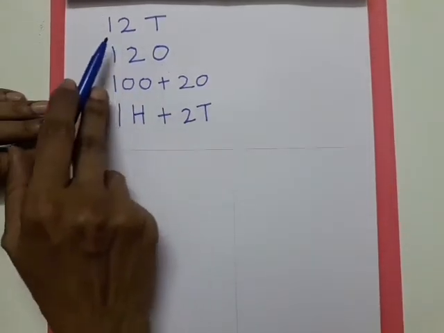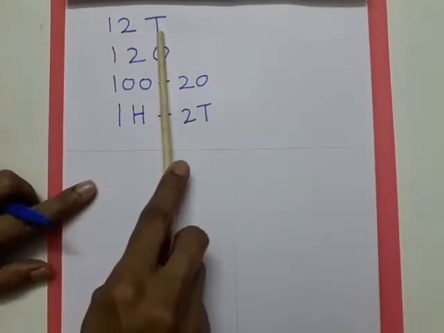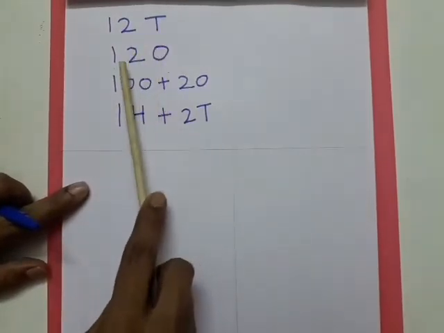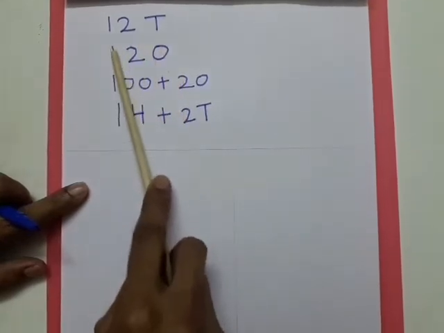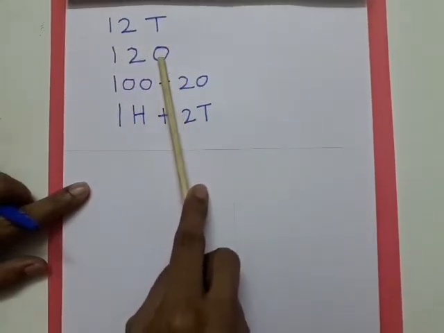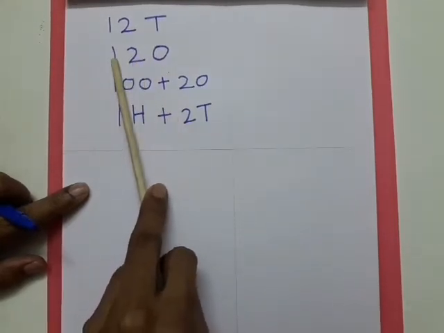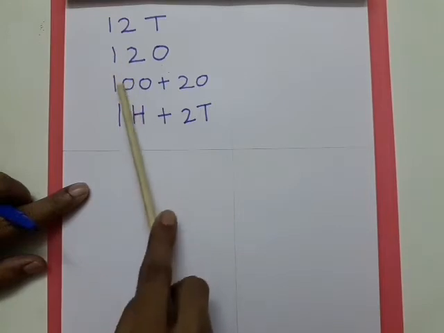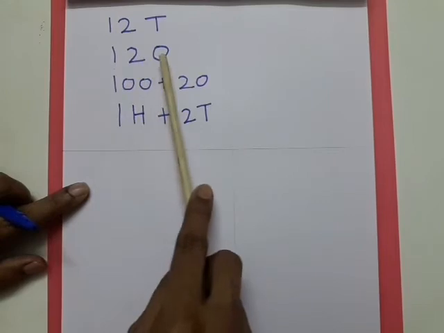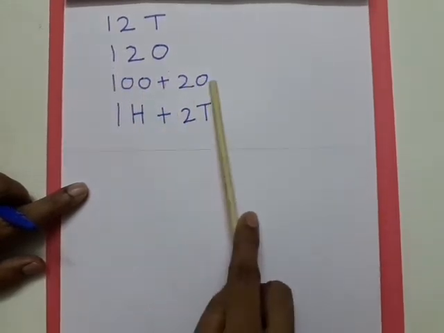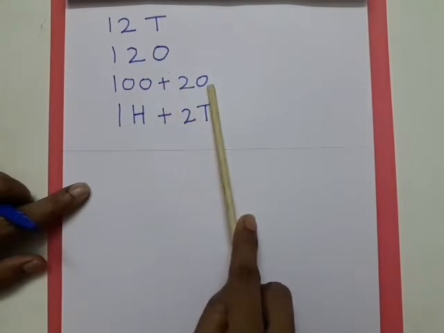We got our number as 12 tens. Now 12 tens means 120. Now this is a 3-digit number. That is 0 is in the units place, 2 is in the tens place, and 1 is in the hundreds place. Now we expanded this number, this 120, we expanded this number as 100 plus 20.